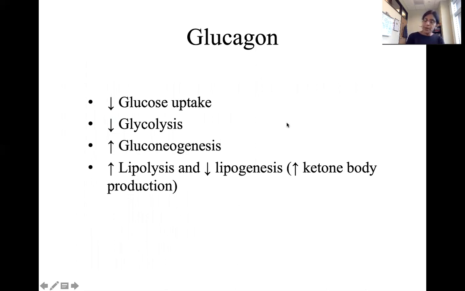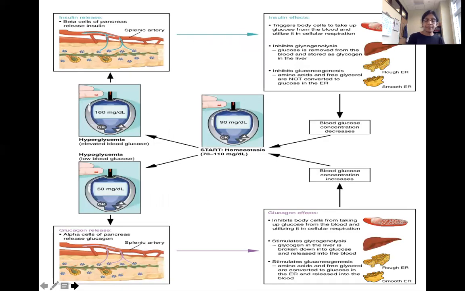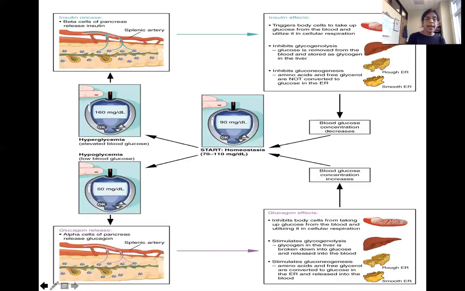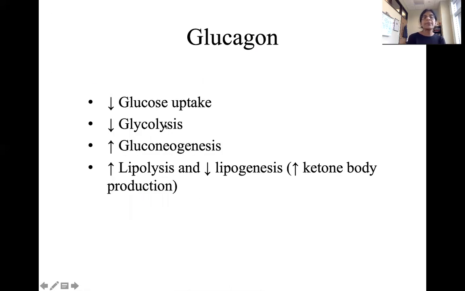Glucagon, first of all, is released in a condition where you have less glucose available than normal in the blood. So that's the condition when glucagon is released. Glucagon is released when glucose levels are below normal.